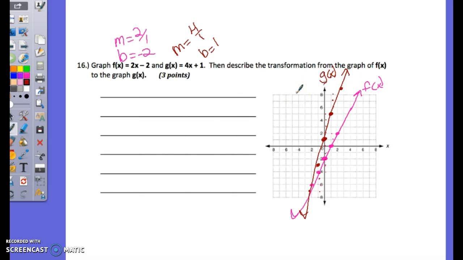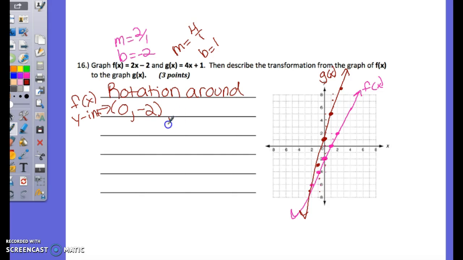Because my slopes changed, I know that there was a rotation around (0, -2), because that is f of x's y-intercept.